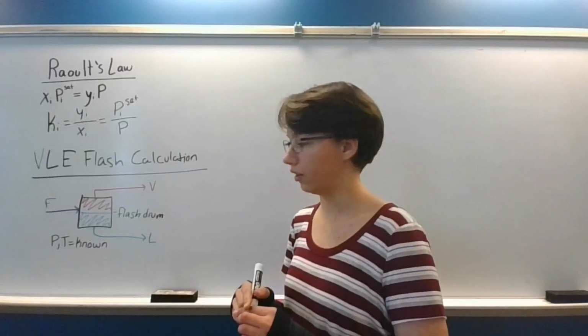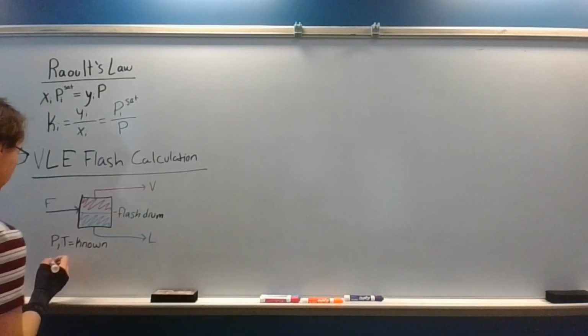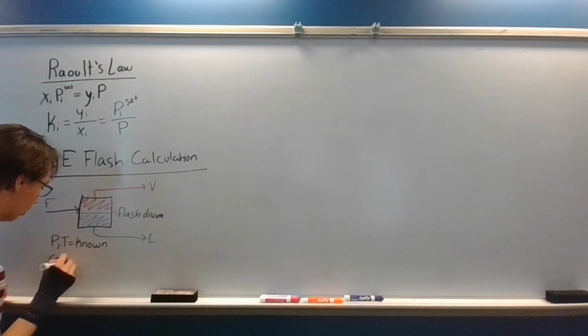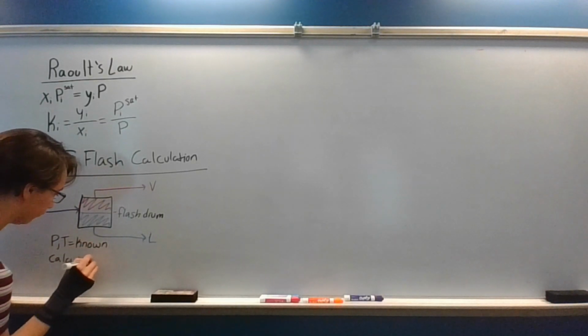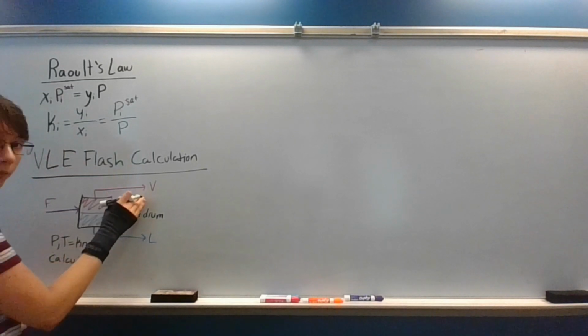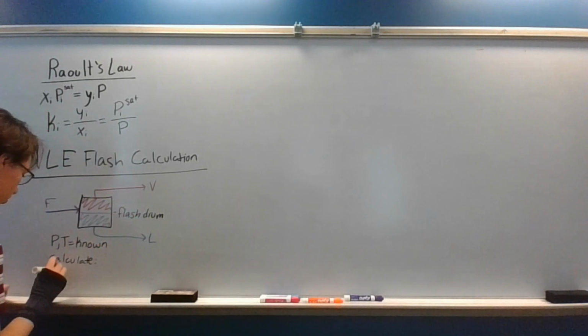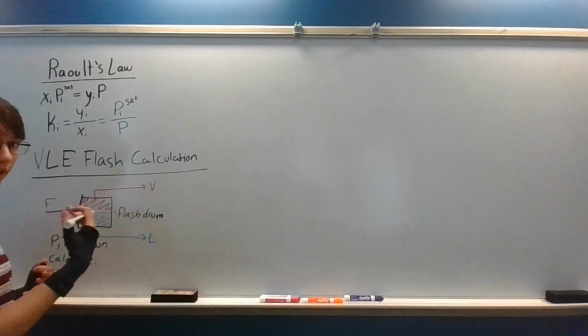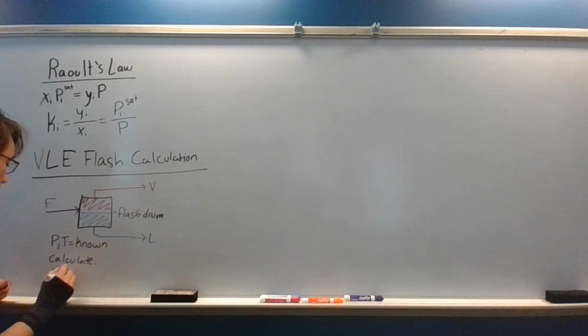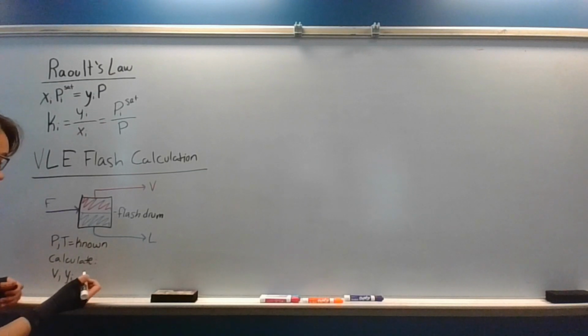And so the goal of our calculation is to calculate how many moles of vapor we've got. We're going to want to know the composition of this vapor, so the mole fractions of each component in the vapor phase.